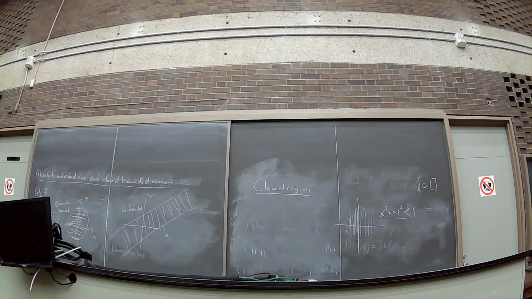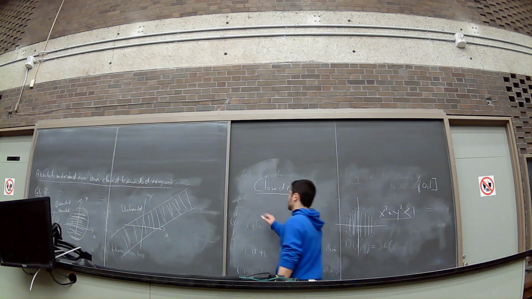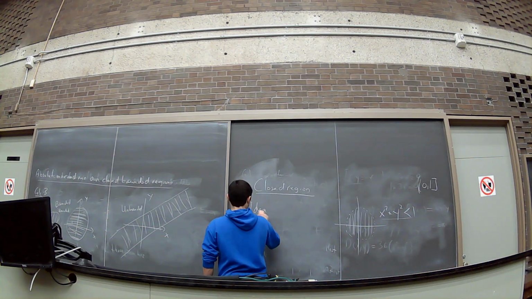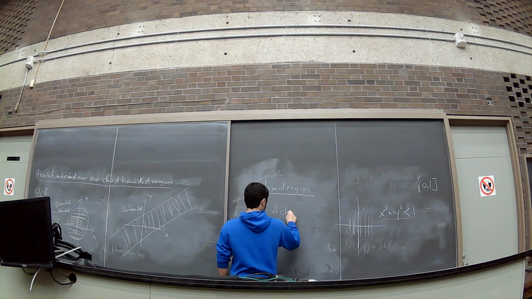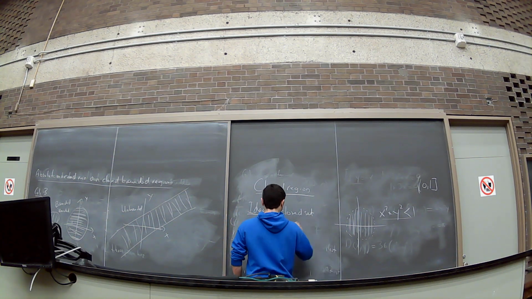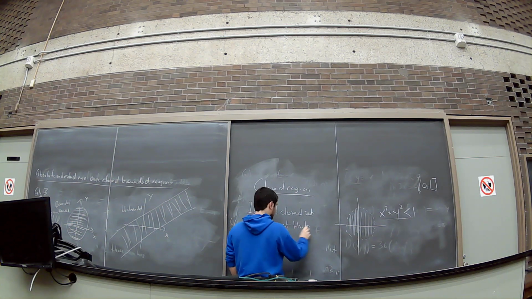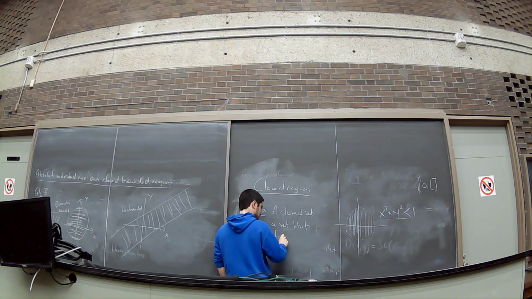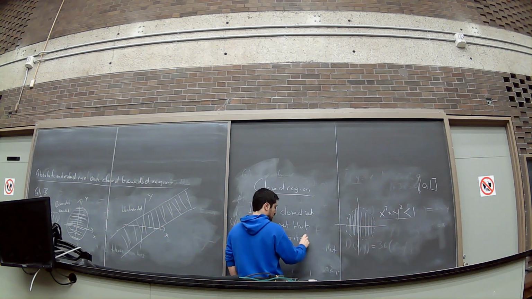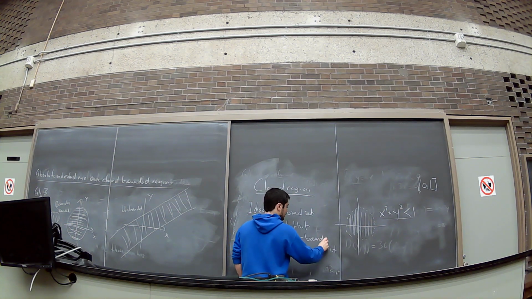By the same analogy here, if the border is not in your set, can you say that the set is closed? No. Okay? So the idea is a closed set is a set that contains its boundary points.